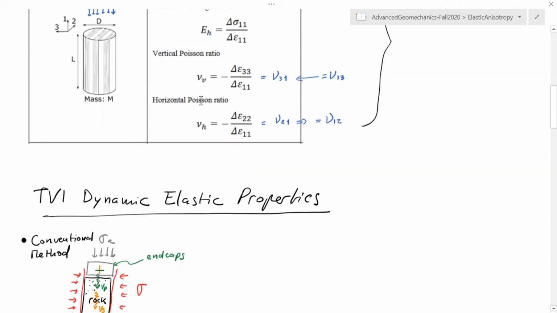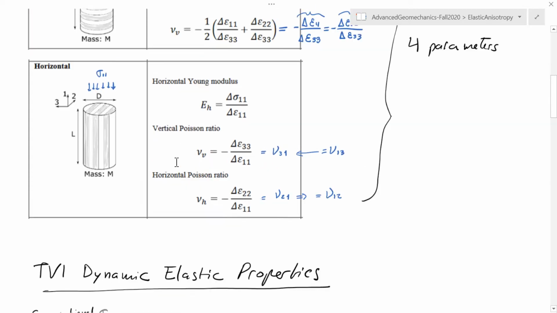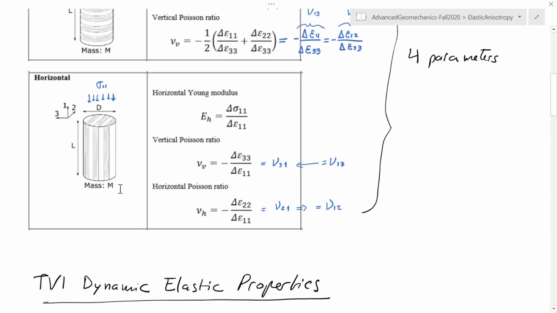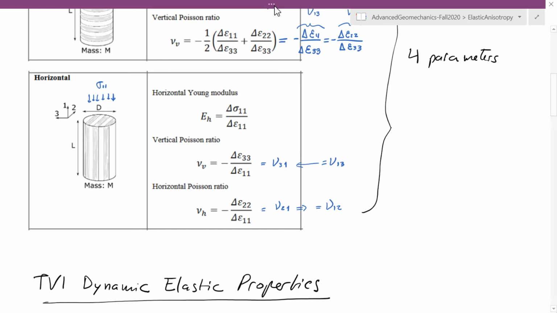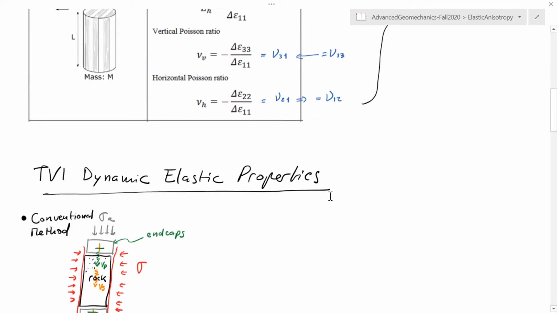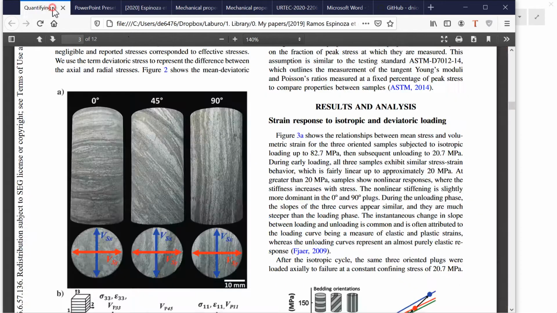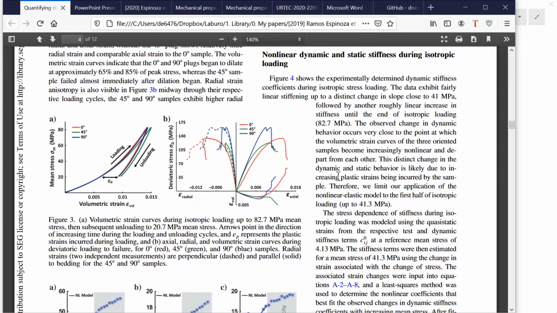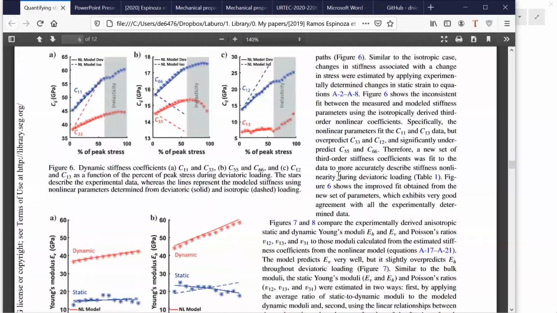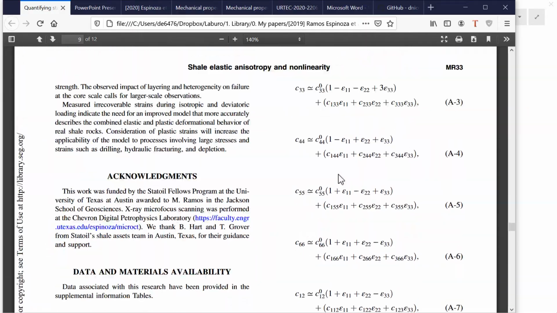So these two are not exactly the same, and in order to obtain the Cij from the static part, you will have to use some relationships. Some of those equations are a little bit long to write, but I will share those with you, and they are available, if I remember correctly, in this paper over here. They come from inverting the matrix.